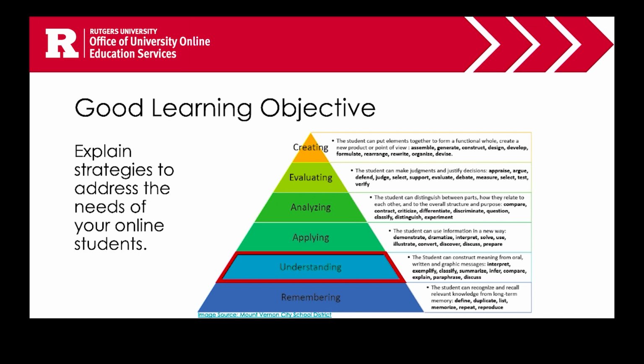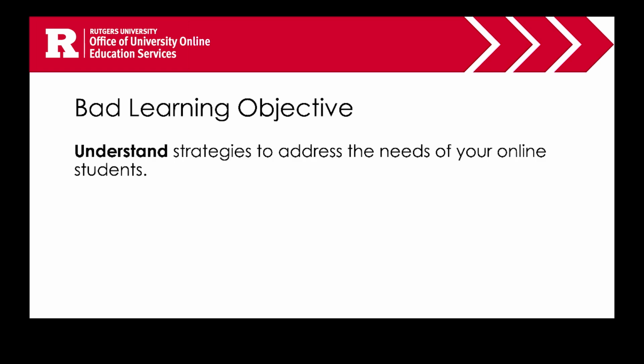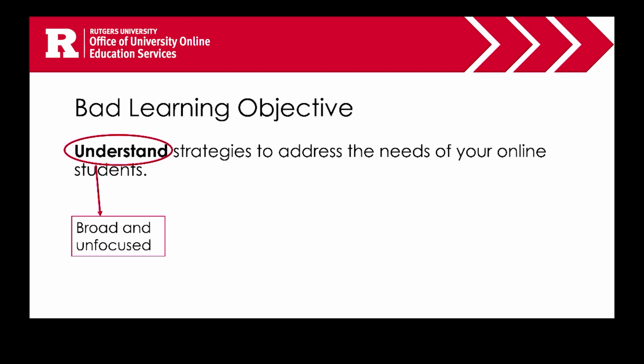The same objective could be written in a way that is not measurable. For example, the objective could have been, understand strategies to address the needs of your online students. The verb understand is not measurable. It is too broad and fails to specify any action students should practice and master.